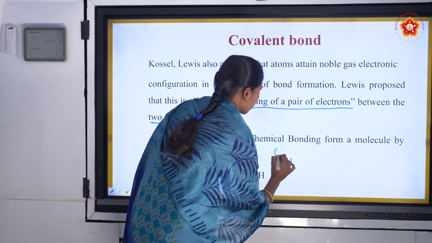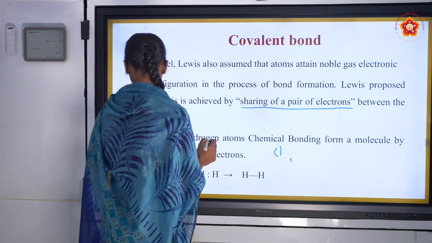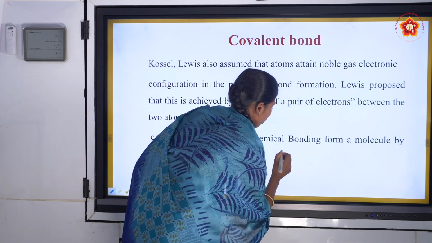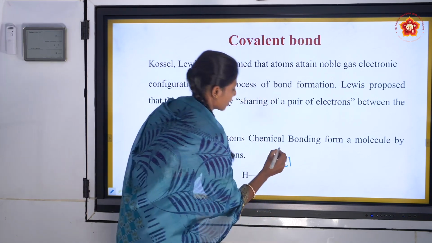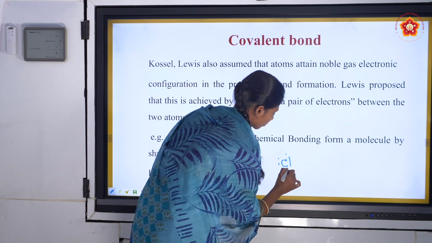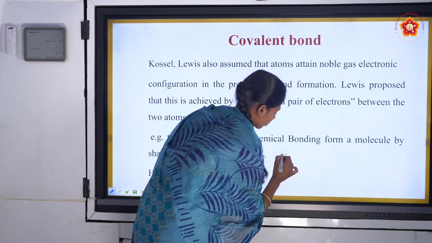Next example, we will take the chlorine molecule. The atomic valence shell is 7.